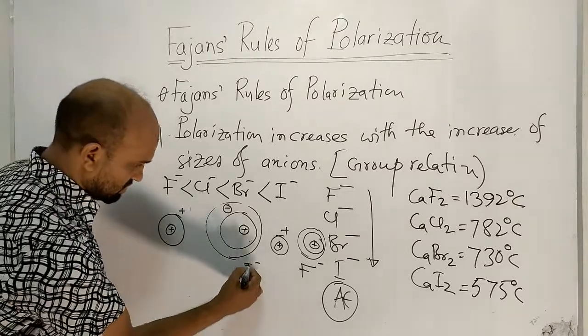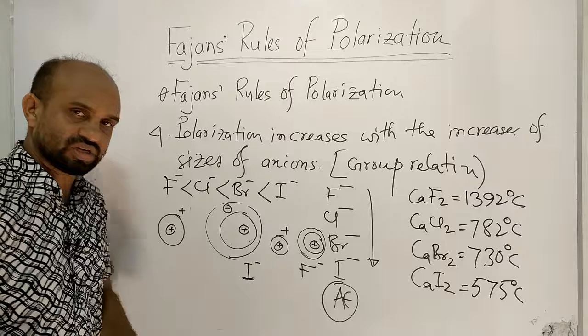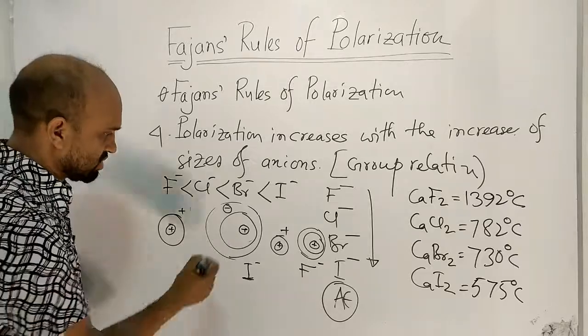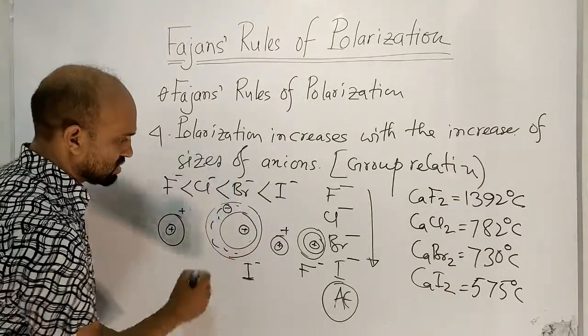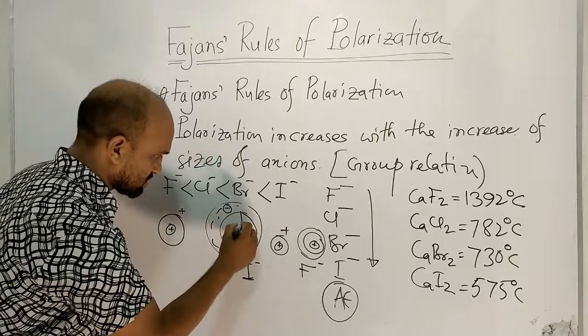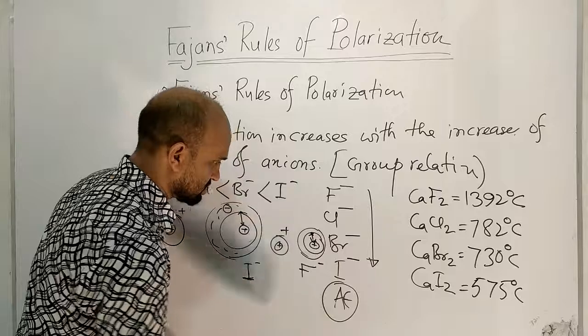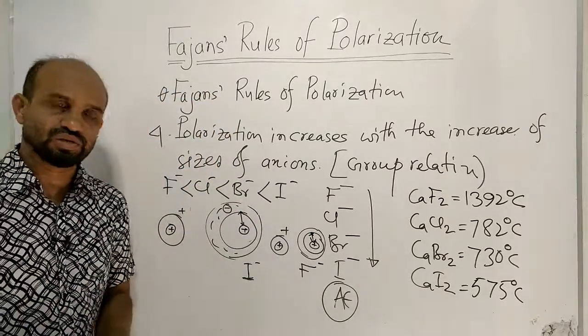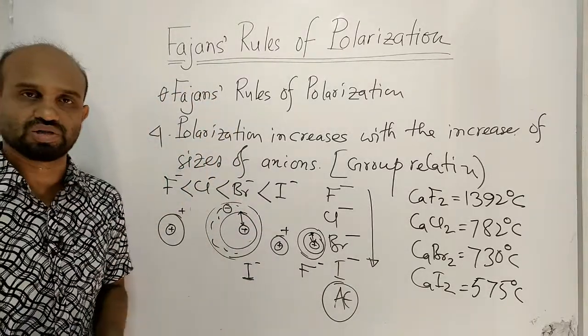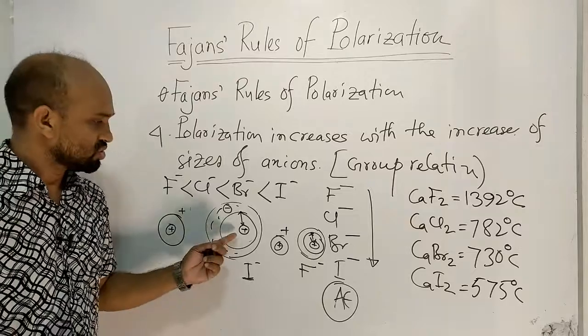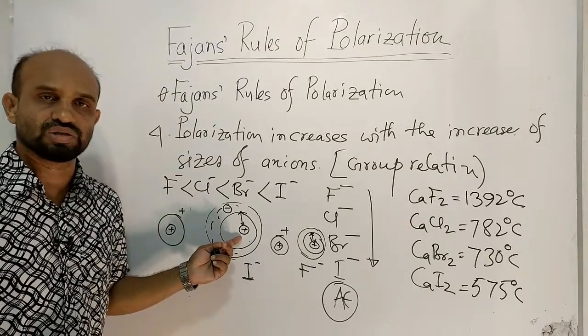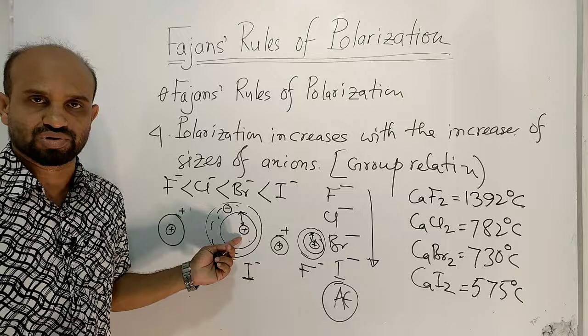Here, this is bigger in size, that is why the electron cloud remains at a distant place. But here the distance is less. Because of this, in this case the electron cloud is bonded to the nucleus with slight force.